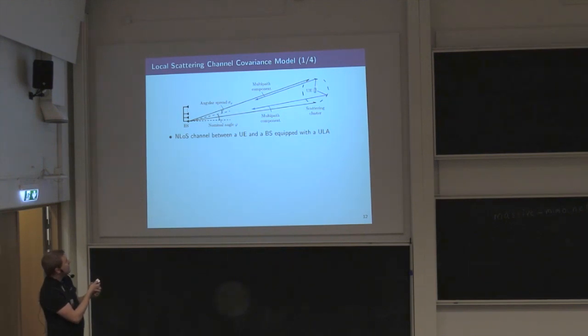That gives the result that when I send my signal, it's going to bounce on a number of different objects, and it will eventually find its way to the base station array, and we will get a number of different multipath components being received. There is a main, nominal angle to the user, and then there is some kind of spread of angles. So all of the different things that are coming in come in from slightly different angles around this nominal angle, which is what you're going to get on a map if you draw a line between them.